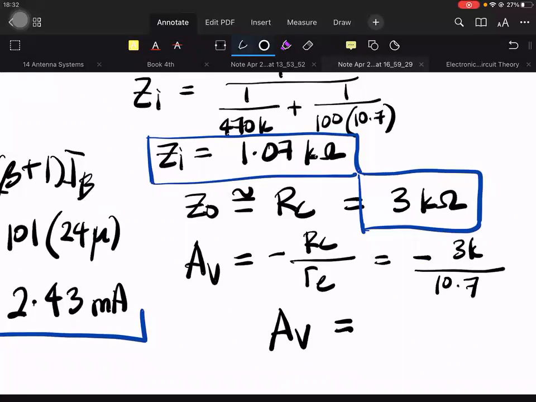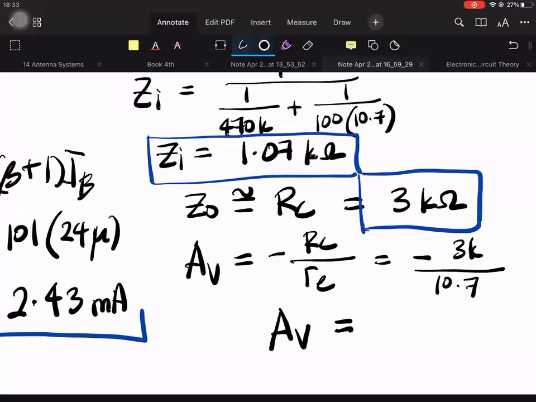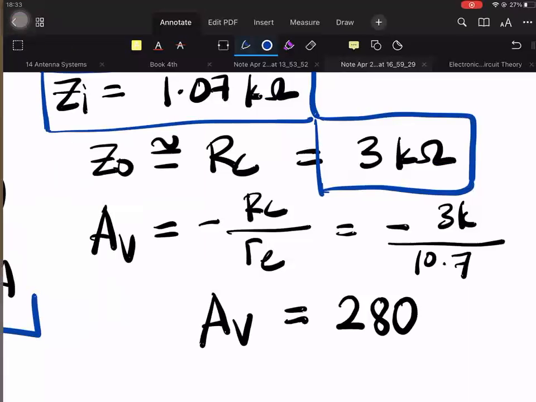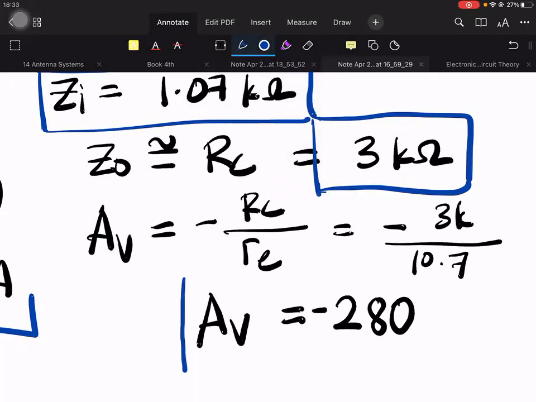Therefore, the voltage gain is about negative 280. It is unitless, so it has no unit, because gain is what we multiply by the input voltage to get the output voltage.